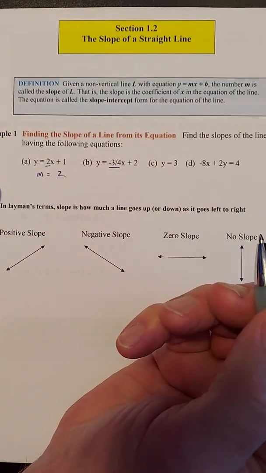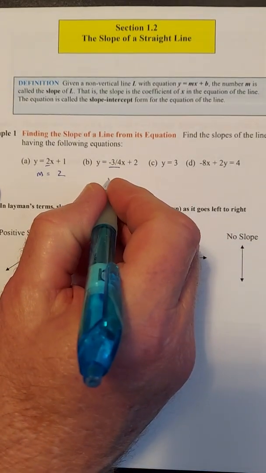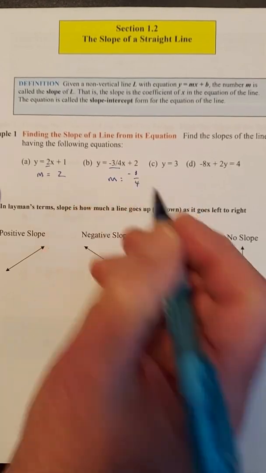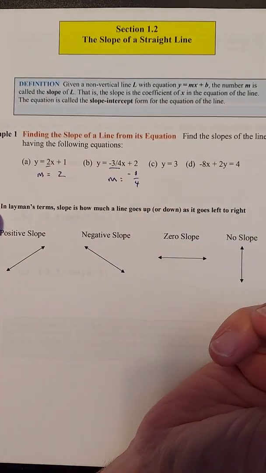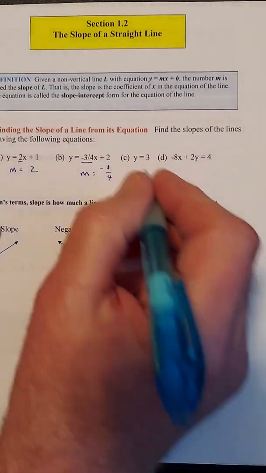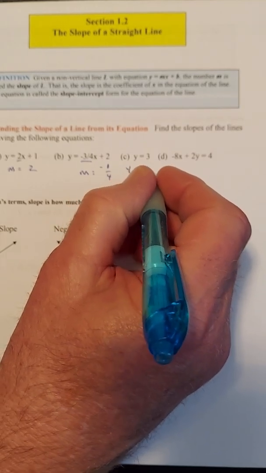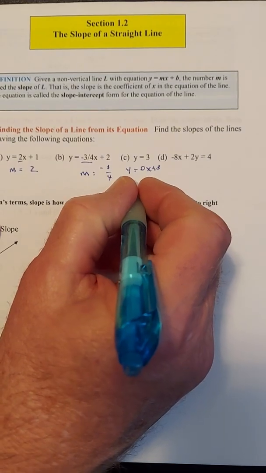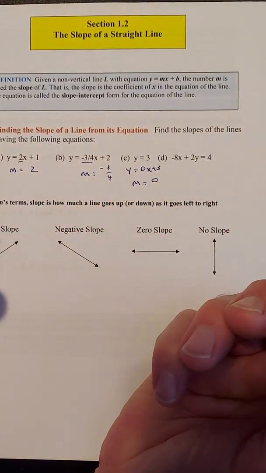And this one, y equals negative 3/4 x plus 2, your slope is negative 3/4. On this one, y equals 3, trying to be tricky. Think of that one as y equals 0x plus 3 if you want to. So now you know the slope is equal to 0.